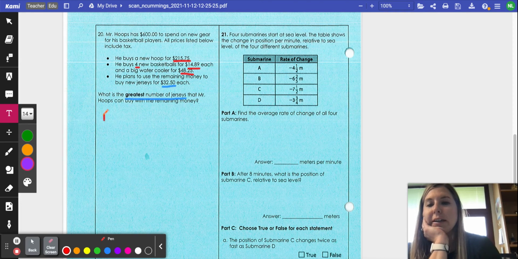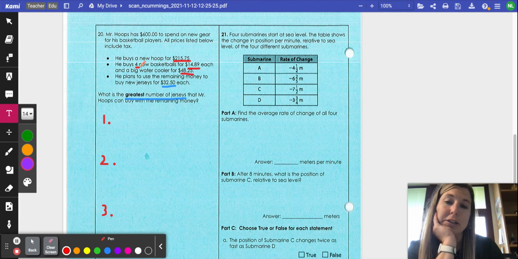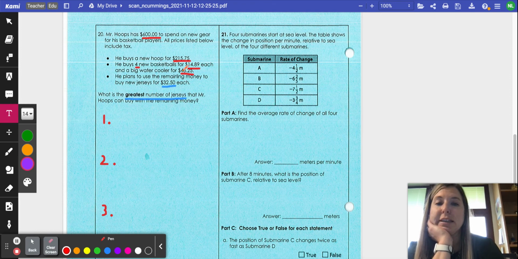So this you kind of have to do 3 steps if you're thinking about it, because you will have to figure out how much money he spent for the items he already purchased. Then you're going to need to find out the total he has after he has $600. How much does he have left after he bought those things?